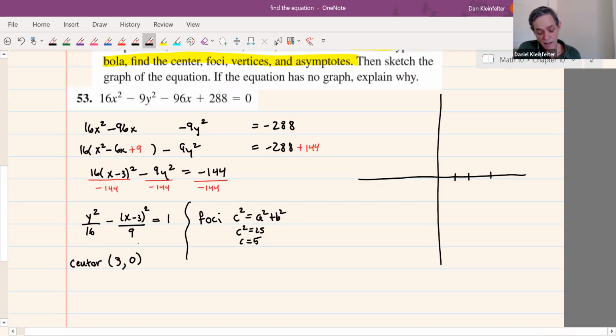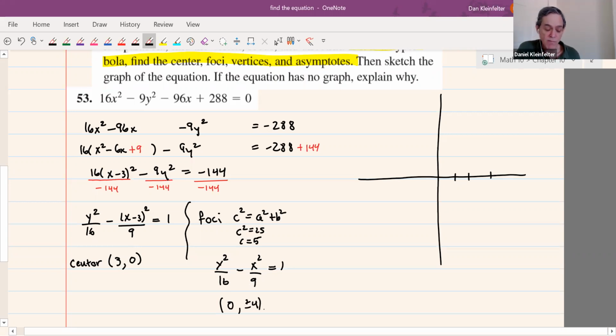On this one, the unshifted version of the hyperbola would be y squared over 16 minus x squared over 9 equals 1. If x is 0, y would be plus or minus 4.